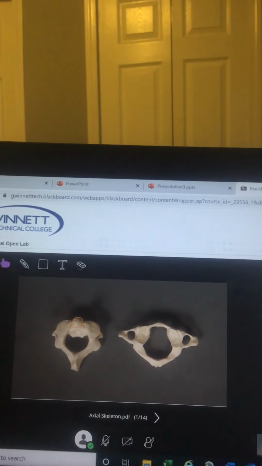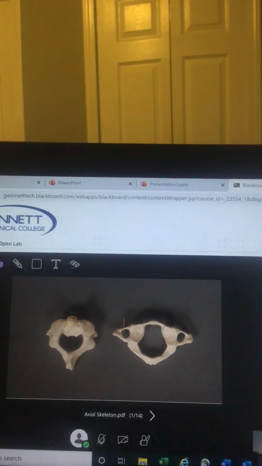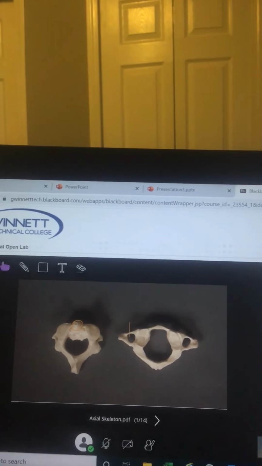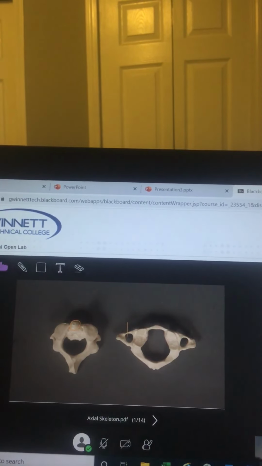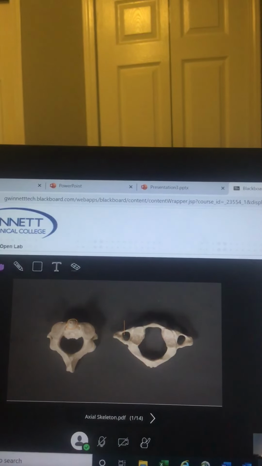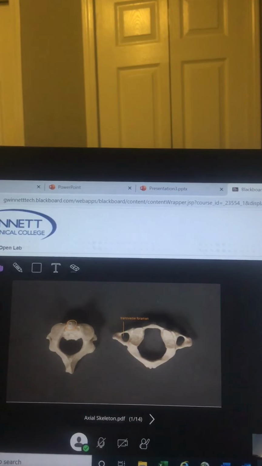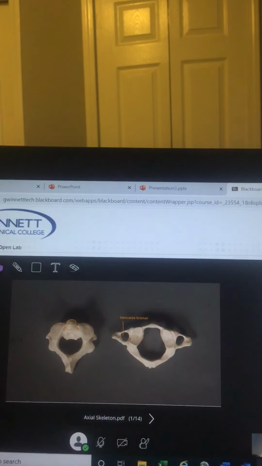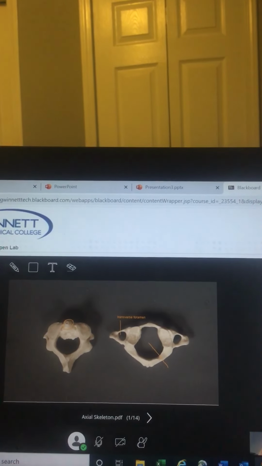This is the transverse foramen, okay? If I can type. That's the transverse foramen, okay? This is vertebral foramen.